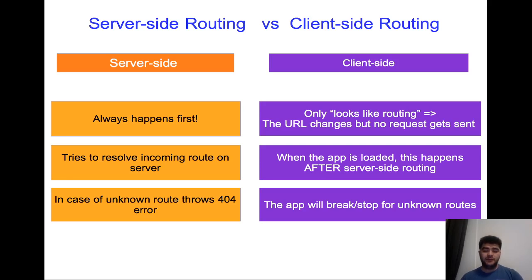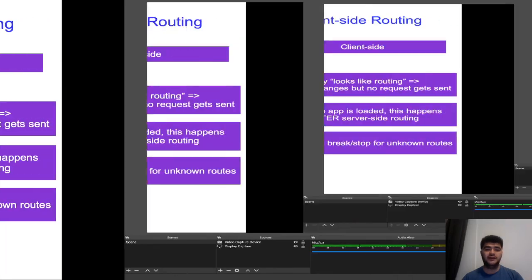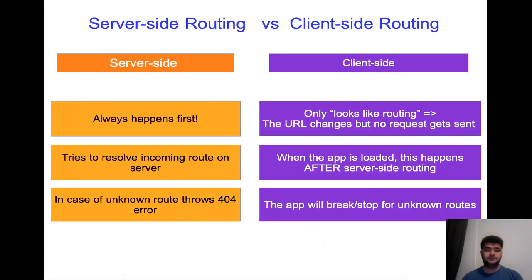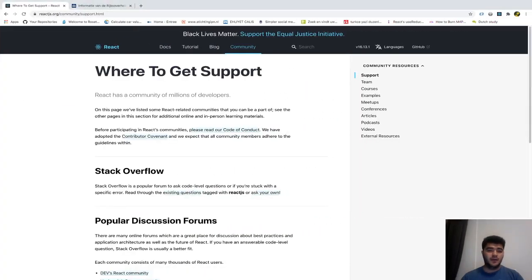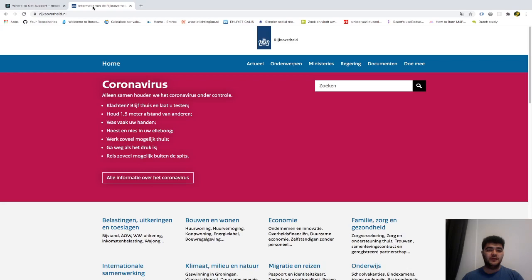And let's have a look at what I was trying to say. If you have a look at the title part of the browser, the cross sign or the circle sign will look like this. So at this web page, this is React.js.org, this is using client-side routing, but this one is using server-side routing.